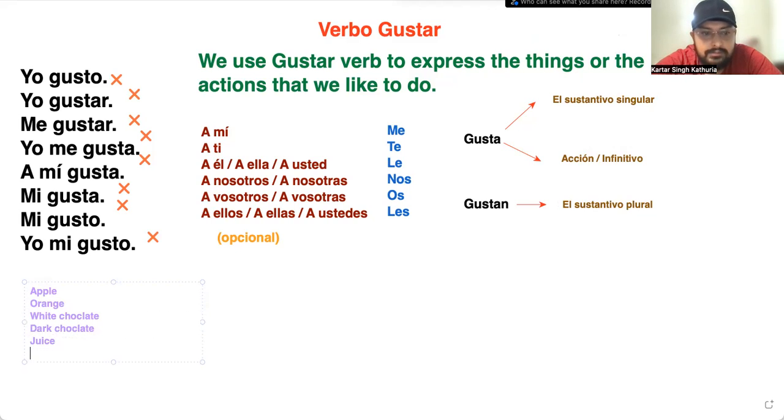Juice, salad, blue color, red t-shirt. This is the vocabulary of all the objects, things, plants, mountains.